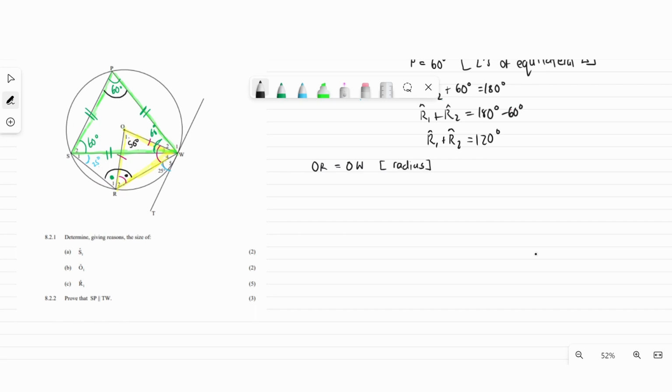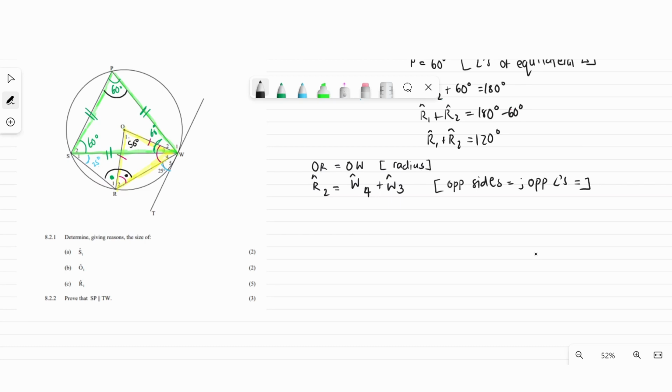Therefore, angle R2 is equal to angle W4 plus W3. Do you see this entire pink thing? Because we're looking at the yellow triangle, and the reason is opposite sides equal, therefore opposite angles equal.